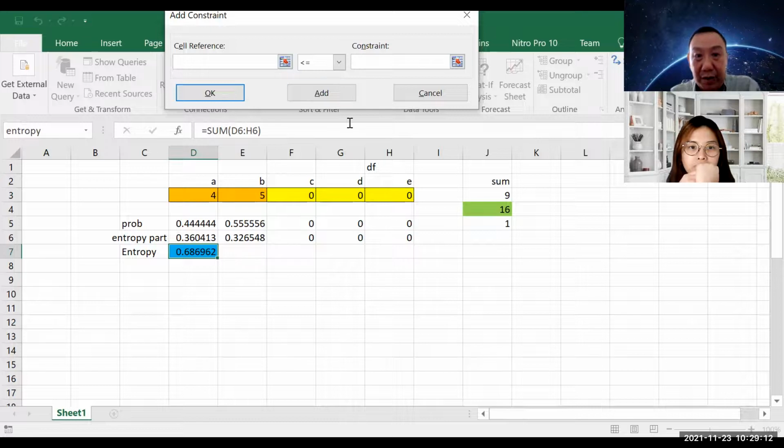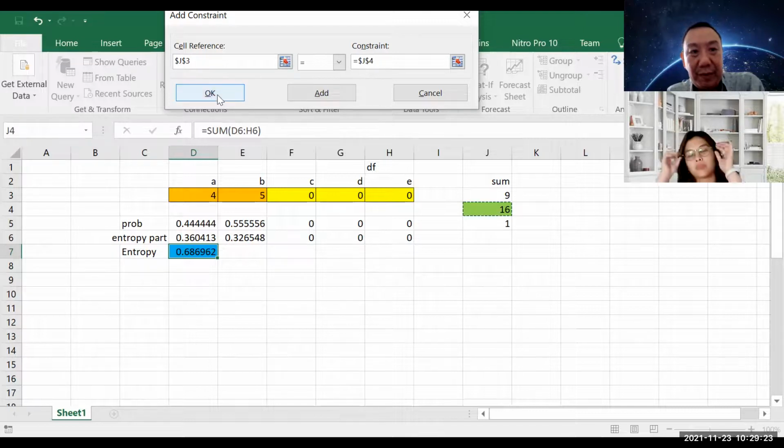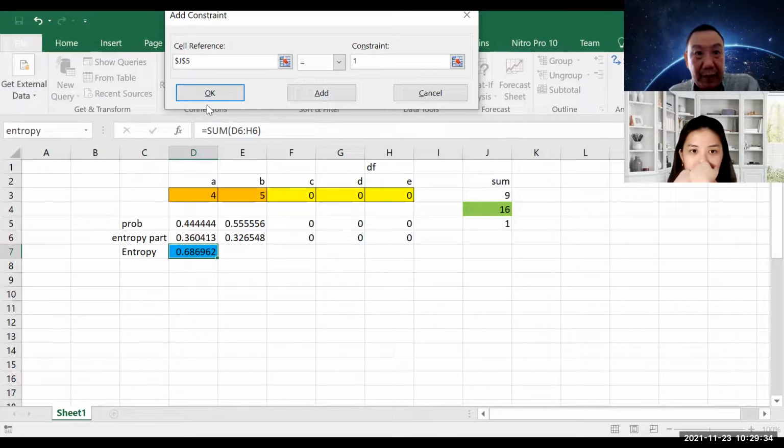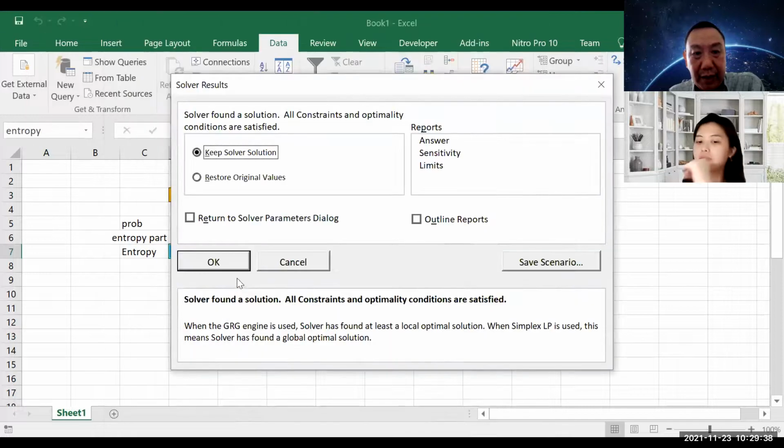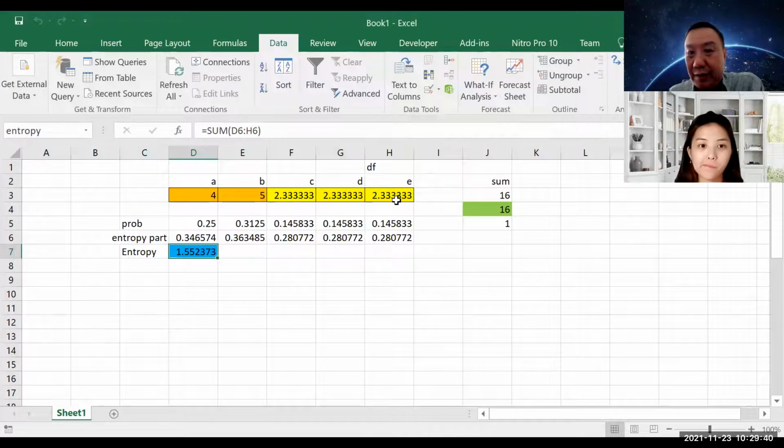Of course, the sum here must be equal to this one, and then you want to add that the sum of the probability must be 1. Then you solve. You find the solution, this one. Is it clear?